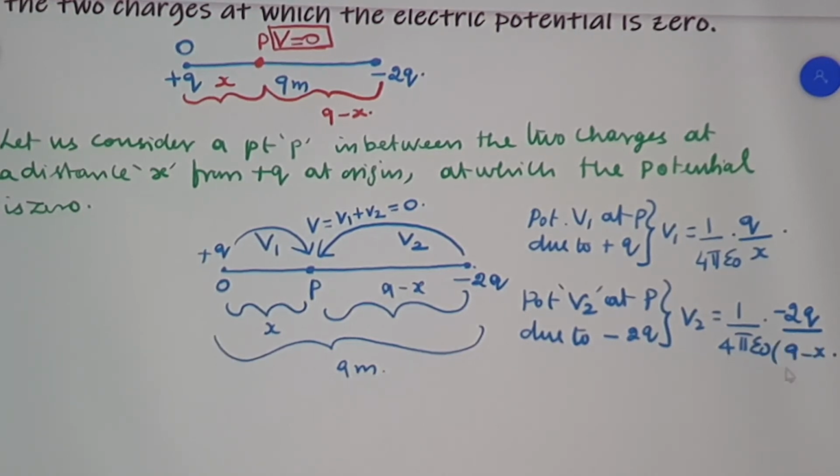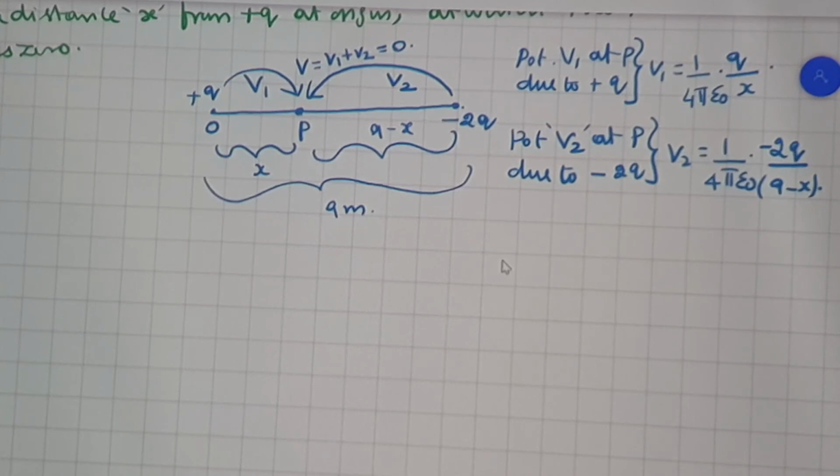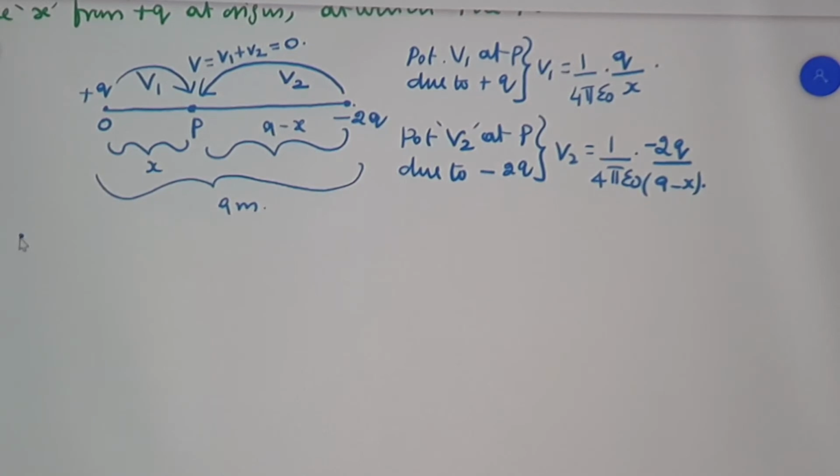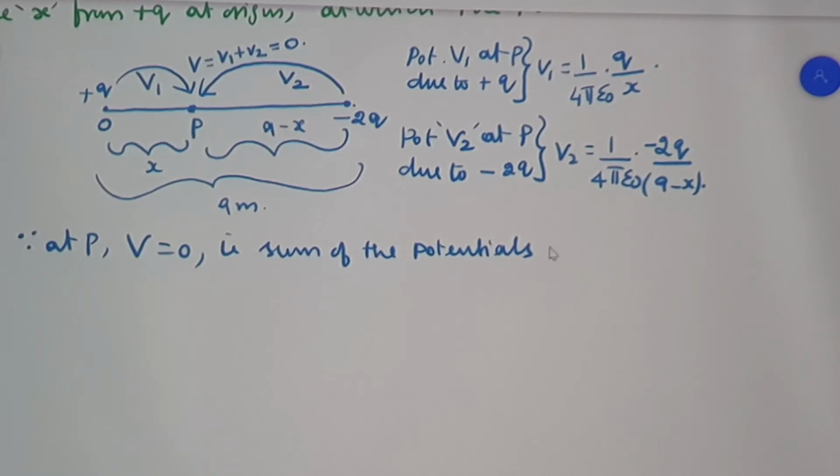See, in the diagram itself, I have noted clearly that the total potential at P is equal to 0. Total potential at point P is V1 plus V2. So since at P V is equal to 0, we can write that the sum of the potentials at P is equal to 0.